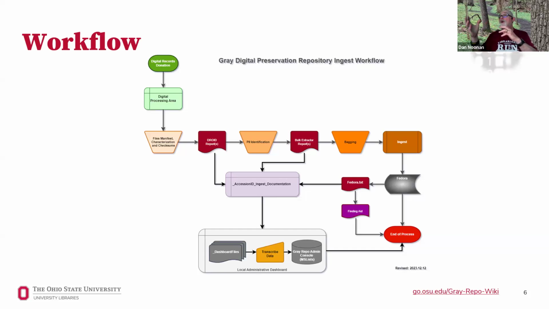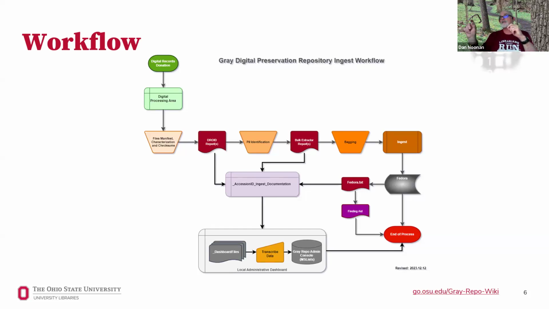Then we have to do the personally identifiable information identification, PII, using those tools I talked about before. We get a Bulk Extractor report at the end of that, and that goes into that ingest folder. Then we bag that content, including that ingest folder, and that's going to go into Fedora.